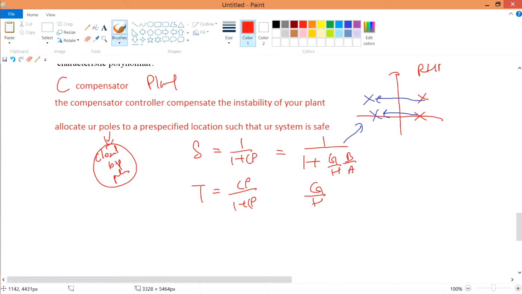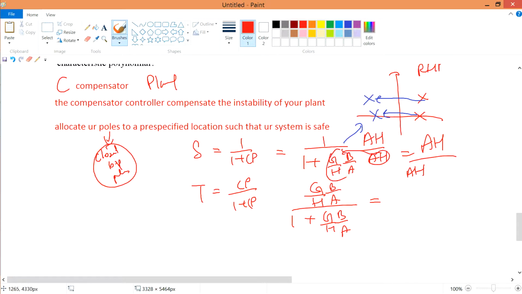I can rearrange by multiplying by AH over AH, which is just multiplying by 1, and this is just some revision for you. So AH times 1 is AH, and then AH times this whole thing cancels off with the HA over here, and therefore what I have is plus GB. And also for the same thing over here, what you have is AH plus GB.